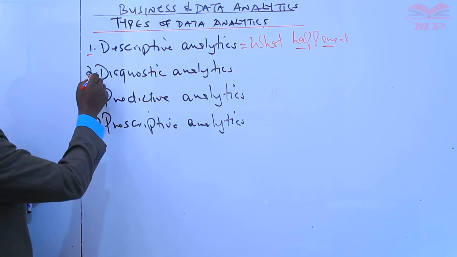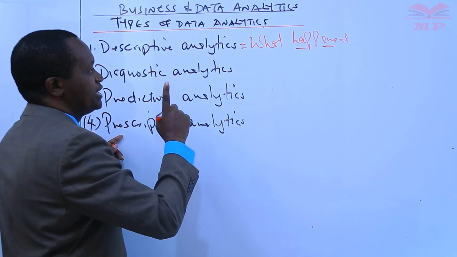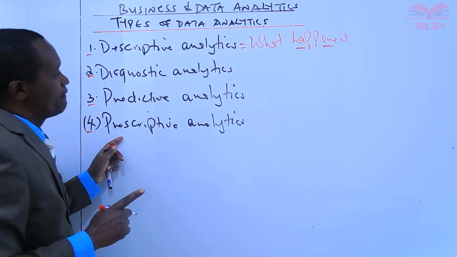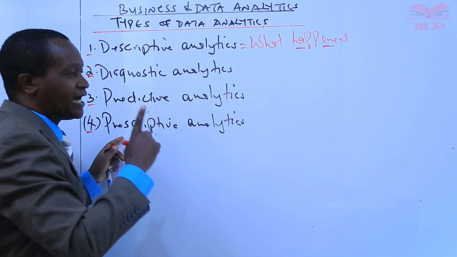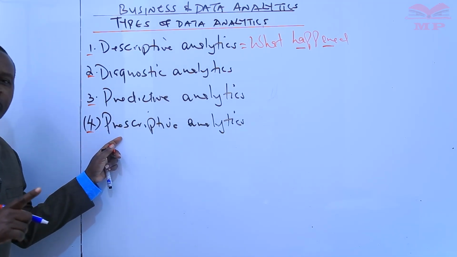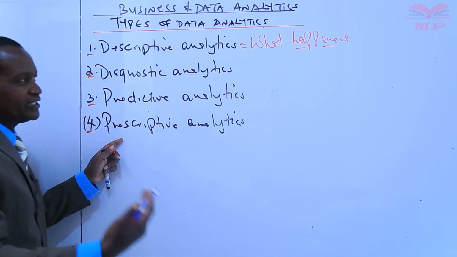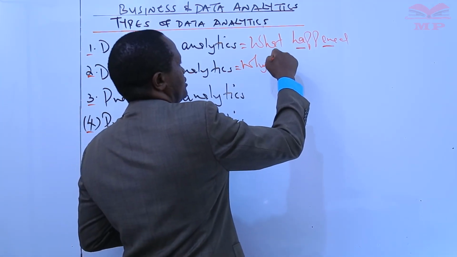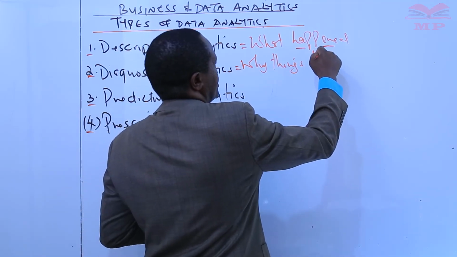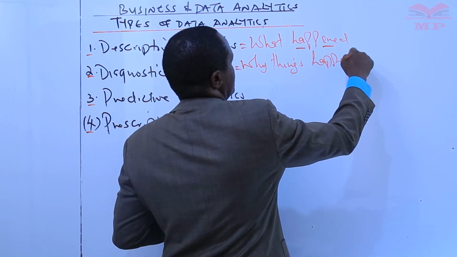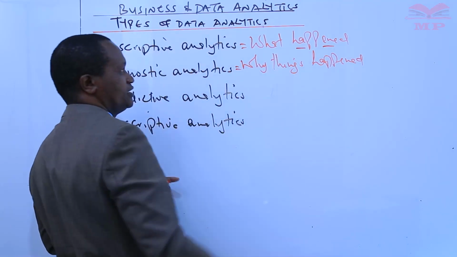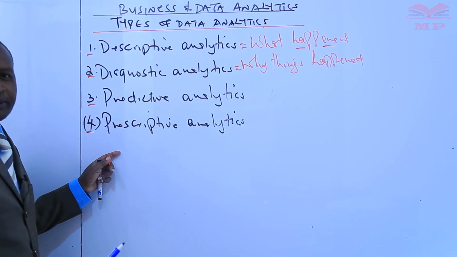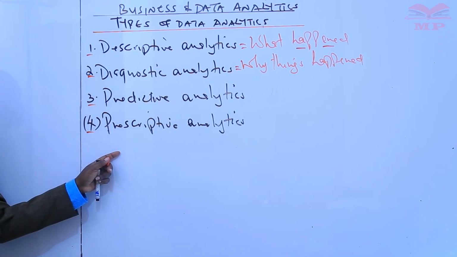The second type of data analytics is diagnostic analytics. Diagnostic analytics helps answer the questions about why things happened. Descriptive is what happened; diagnostic answers the question why things happened.